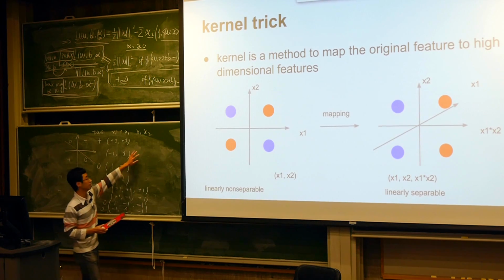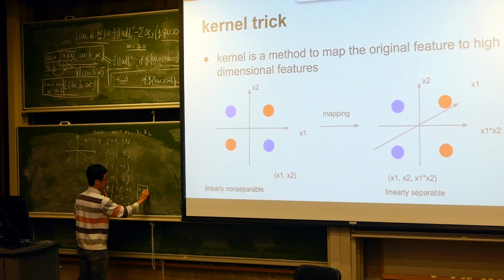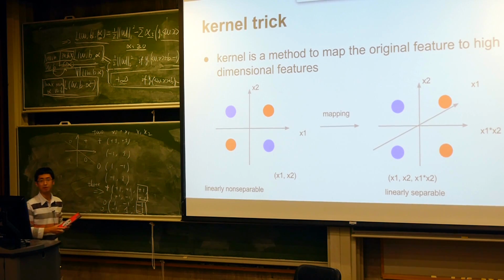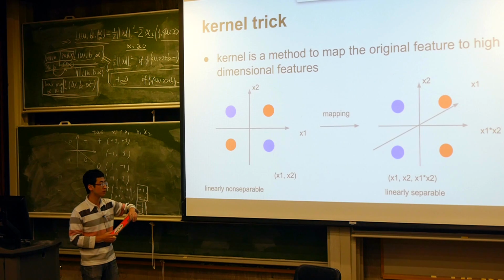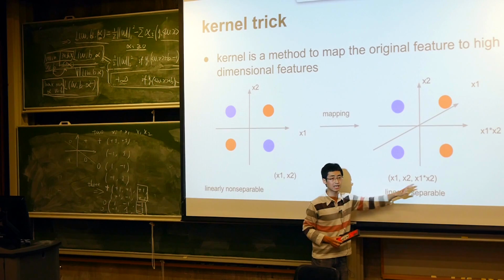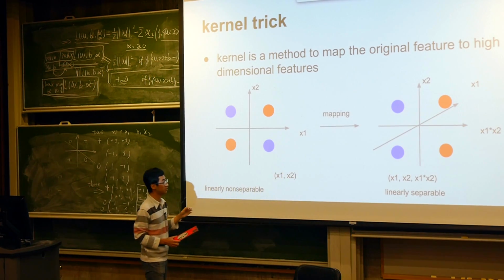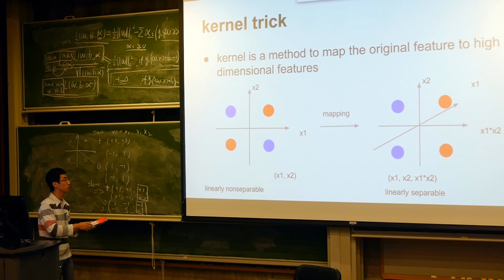So the third coordinate is quite different. For the plus data, this is positive, but for the other, this is negative. So we can classify based on the third coordinate, which is x1 times x2. I put a three-dimensional figure here. It may not seem quite obvious, but by using the third coordinate, x1 times x2, we can classify the two sets. This is why we need feature mapping, why we need the kernel, why we need to map our original low-dimensional feature to a high-dimensional feature.